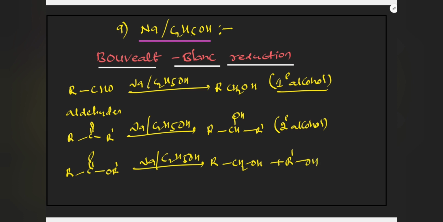Sodium in ethanol mainly reduces aldehydes, ketones and esters to give alcohols. Aldehydes give primary alcohol, ketones give secondary alcohol, and esters give alcohols. Have a look at the next reagent.